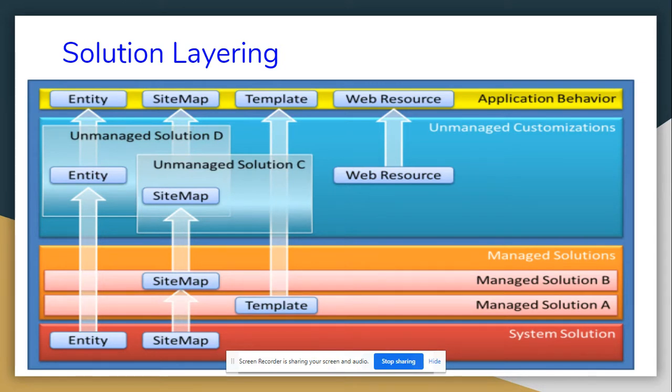Mostly unmanaged customizations is nothing but unmanaged solutions itself. And the system solutions are, when we create a Dynamics trial instance, you can find some inbuilt entities, like account, lead, contact, and dashboards. Some inbuilt features, these are the system solution things.